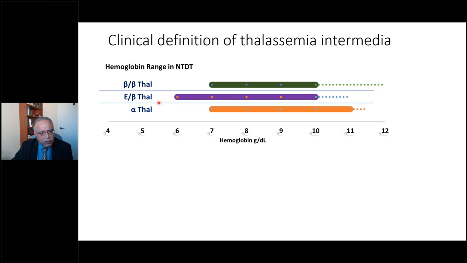And sometimes even patients who are less than 6 grams may not be on regular transfusions, though we would recommend that 6 be taken as a lower threshold for starting transfusions in everybody, irrespective of symptoms. And then for alpha thalassemia syndromes or hemoglobin H disease, it's very uncommon to have a baseline hemoglobin less than 7, and that probably portends a more severe genotype than we're usually accustomed to looking at.